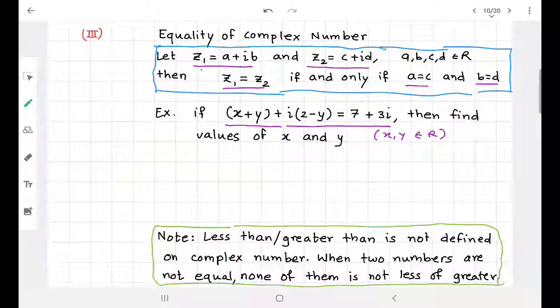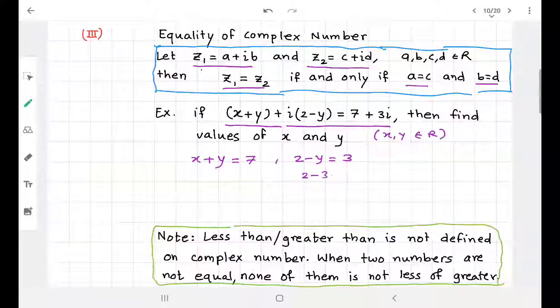So guys, हमें ये समझना होगा कि as these two sides are equal, being complex numbers, the real part of left hand side, x plus y, should be equal to 7, and 2 minus y must be equal to 3. So real part is equal to real part and imaginary part is equal to imaginary part, by definition of equality of complex numbers.